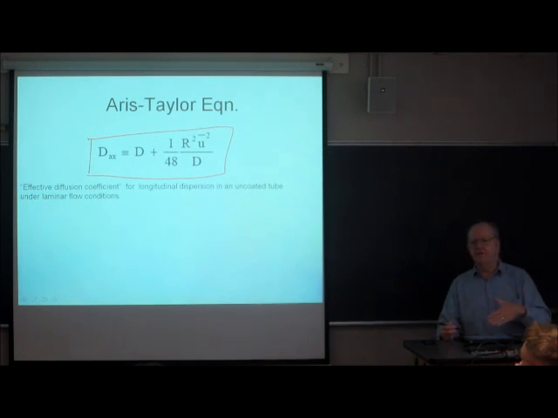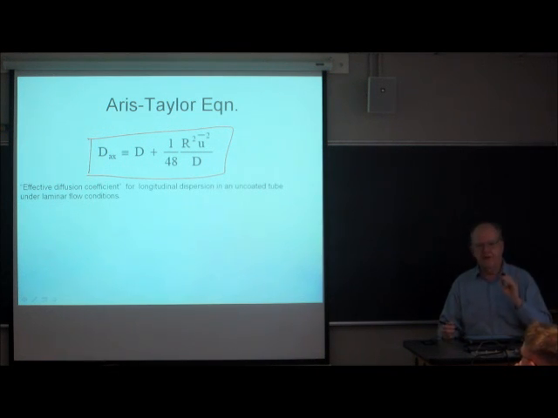And this is effectively the broadening coefficient. It's an effective diffusion coefficient or dispersion coefficient when you have Hagen-Poiseuille flow inside of an open tube.